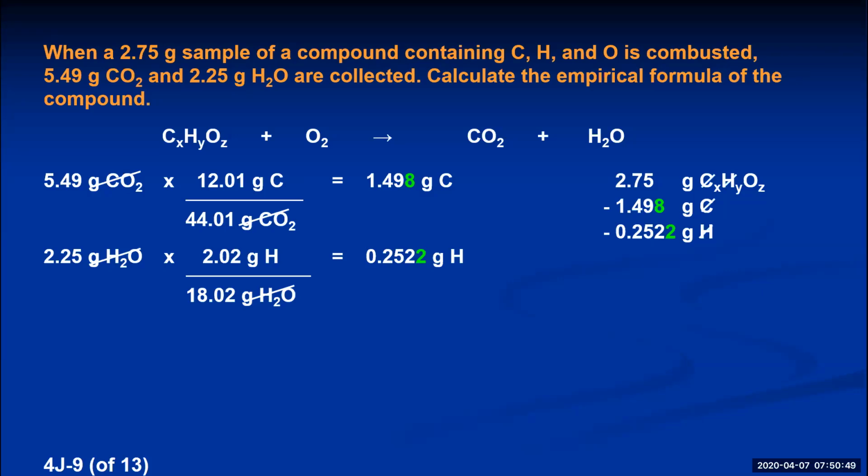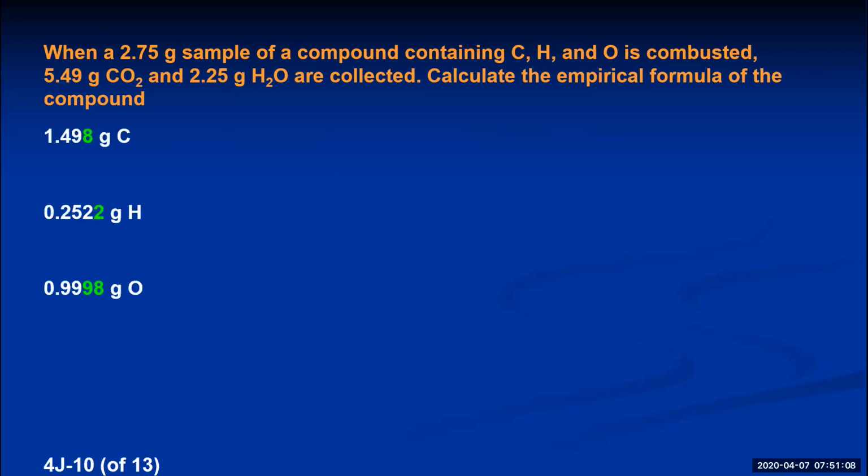So mathematically, you're calculating how much oxygen must be in the compound. And by subtraction, that comes out to be 0.9998 grams of oxygen. Now we know the masses of all 3 elements in the compound. We can use those masses to convert into moles, divide by the smallest number, and then calculate our empirical formula.